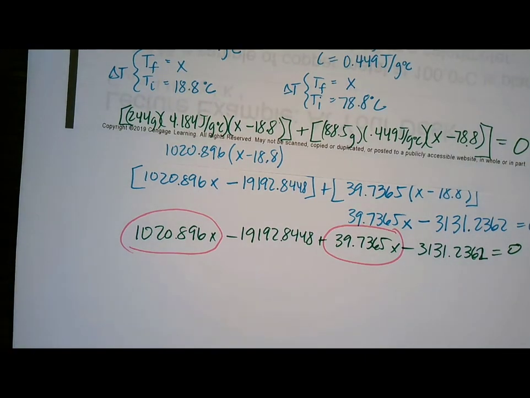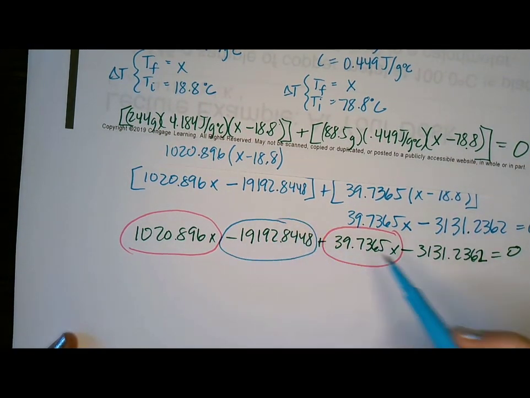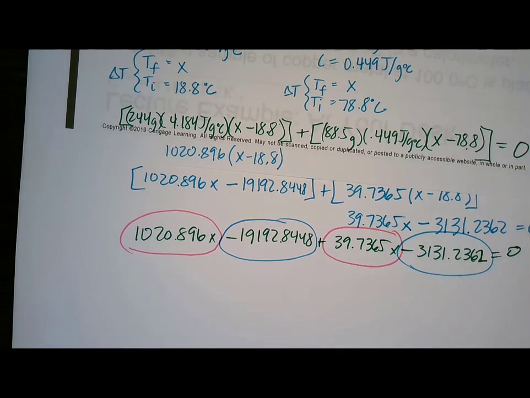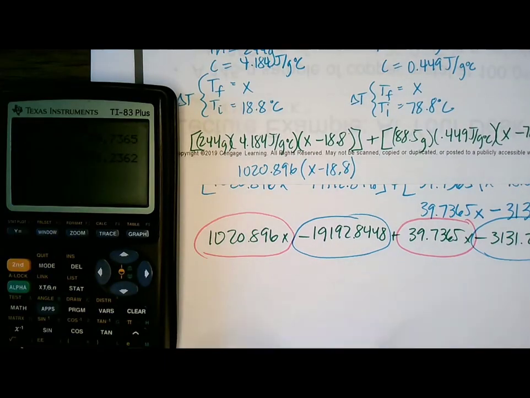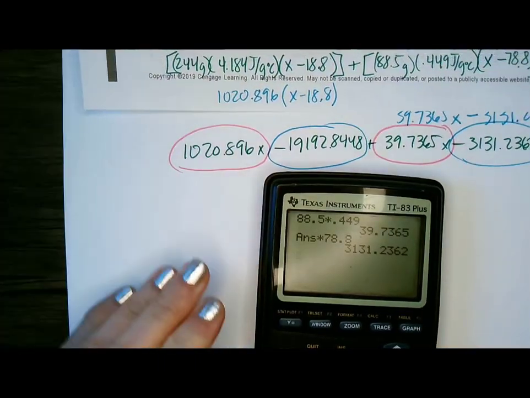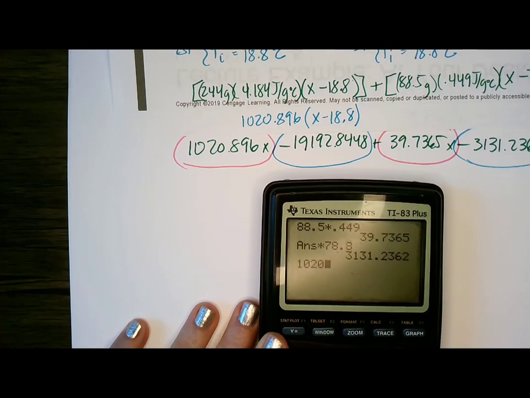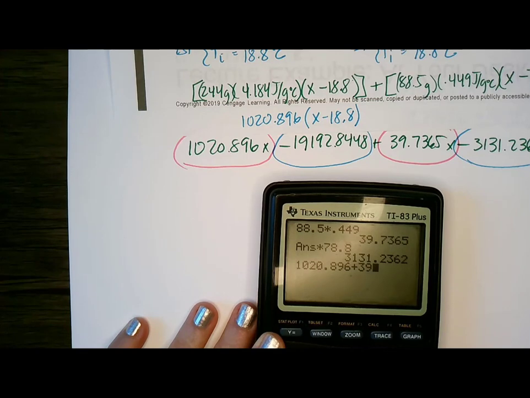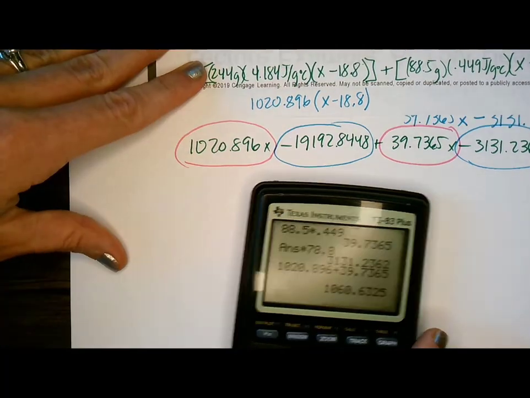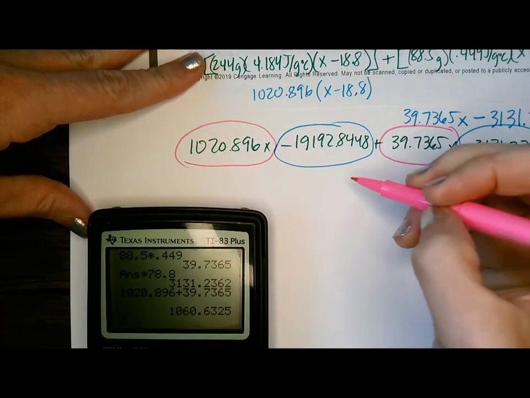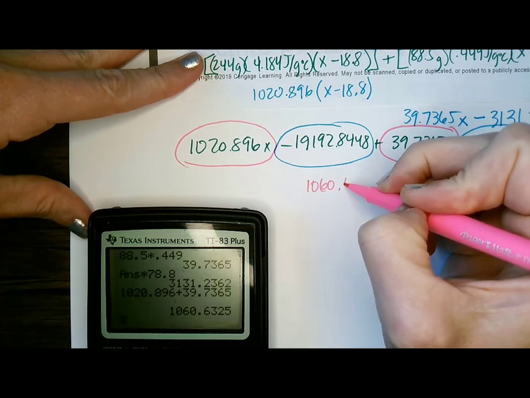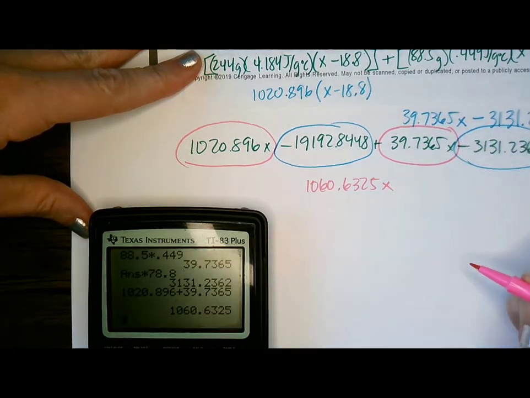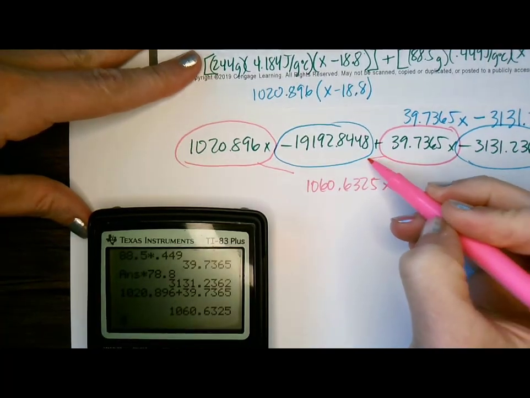And then I also have a number and a number. Let's combine those. Let me combine my x's first: 1020.896 plus 39.7365. Okay, that's my x's combined.